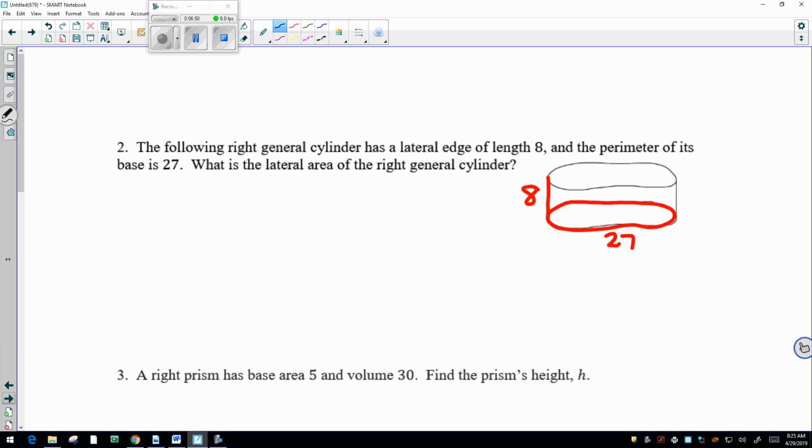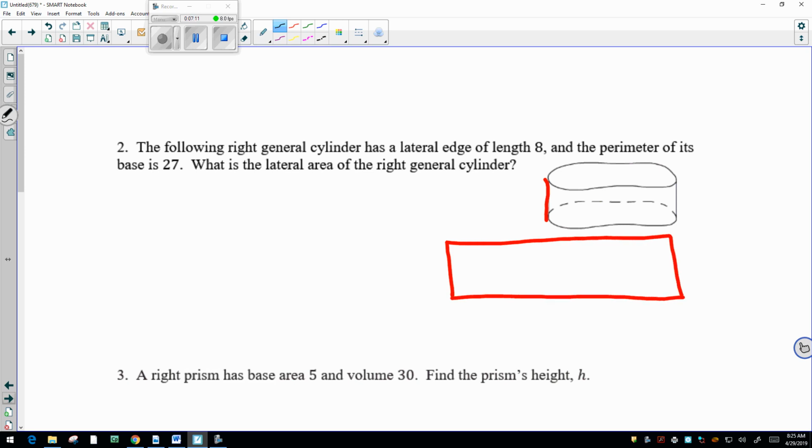So they're saying, if I were to take a look at this, I want it going all the way around this object. So they're saying, if I could take this side here, that lateral edge, slice it open, lay it out flat, I want to find the area of that whole thing. Well, if you were to do just that, cut it open and lay it out flat, what you're going to get is a rectangle. So I know that lateral edge is 8. And if they're telling me the perimeter is 27, think about what that's saying.